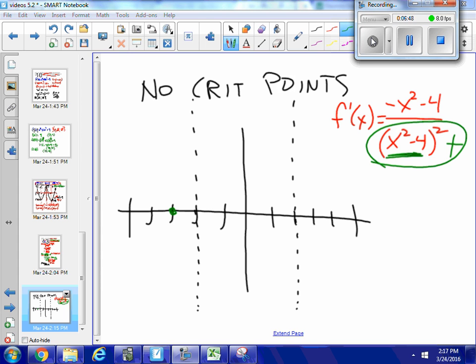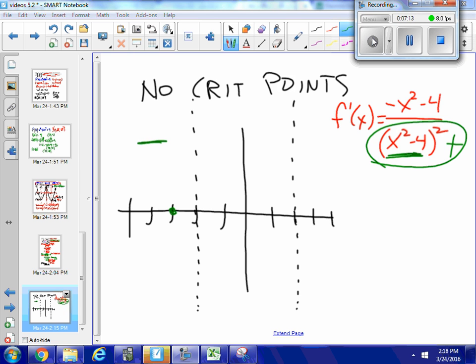So let's choose the point -3. So let's find -3 squared minus 4. Well, that gives me -9 minus 4. That tells me that that's a negative number, so in this interval here, it's going to be negative.